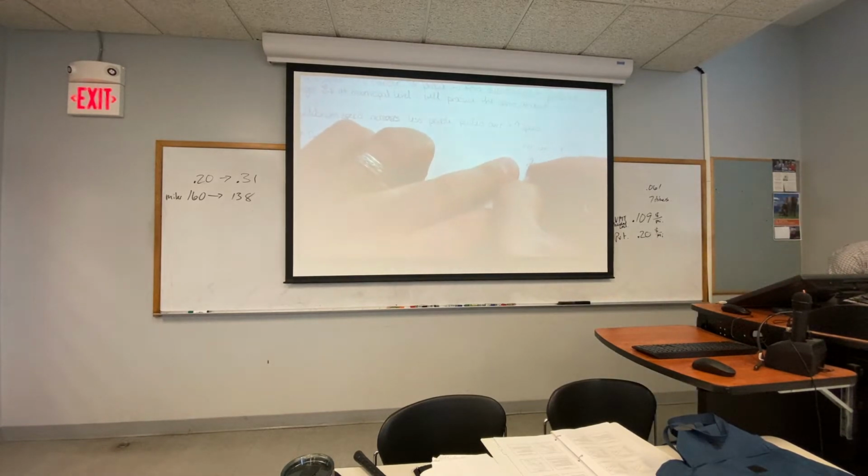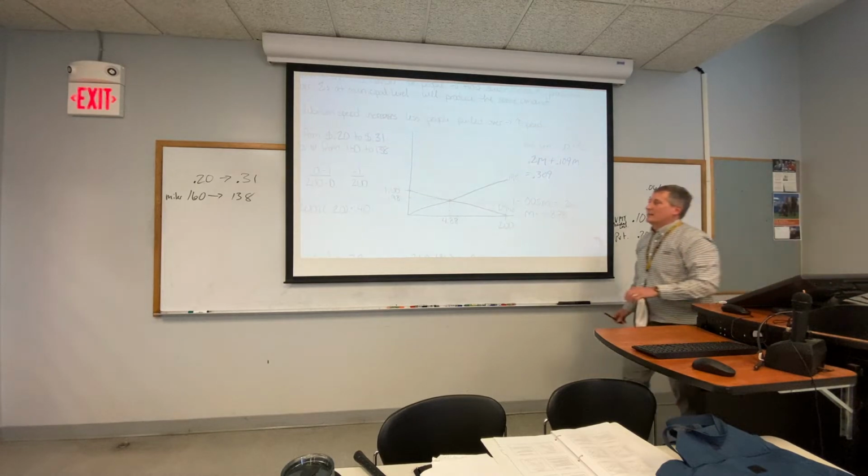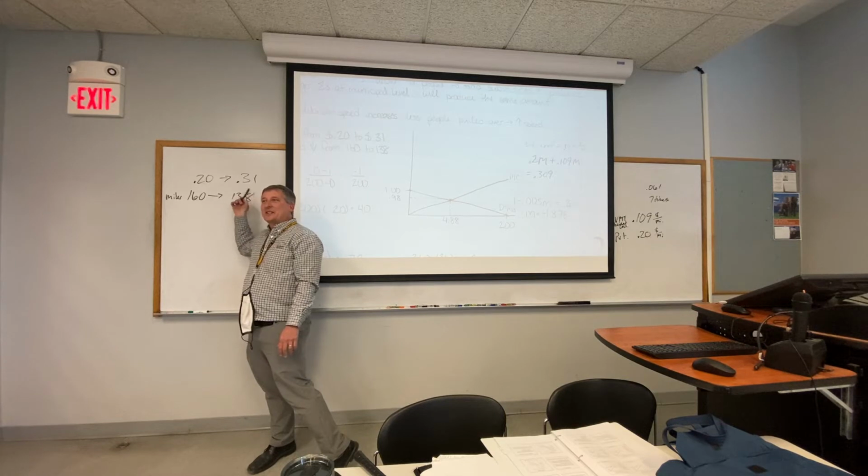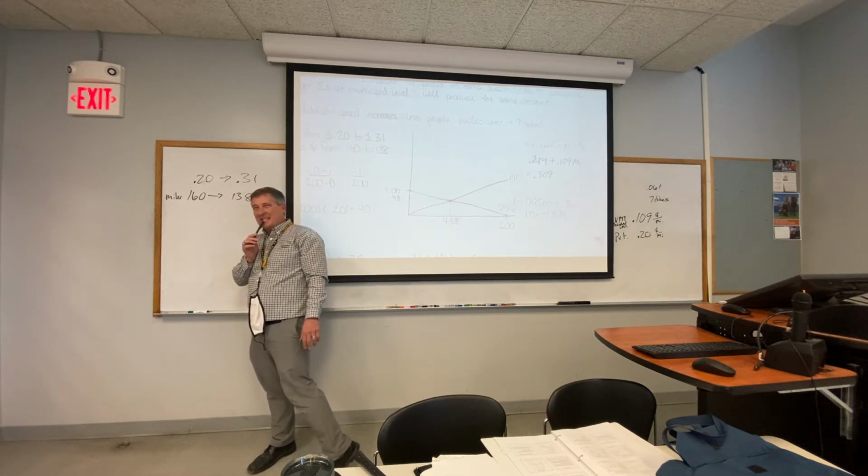So we got 0.2m, and then what? Plus 0.109m equals 0.309. Suspiciously close, rounding to the nearest cent, 31 cents.